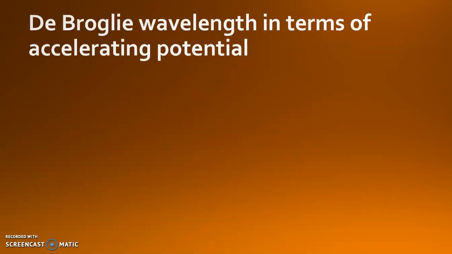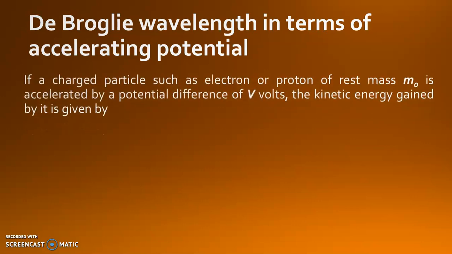Next, the de Broglie wavelength in terms of accelerating potential. If a charged particle such as an electron or proton of rest mass m0 is accelerated by a potential difference V volts, the kinetic energy gained by it is given by E is equal to small e into V, where small e is the charge and V is the potential.